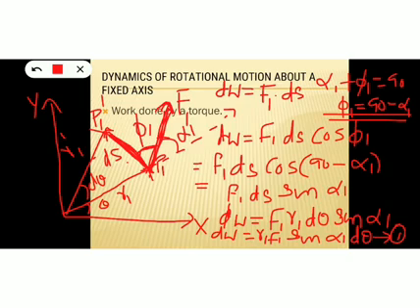Let this be our expression for work done. You must remember this expression. Now I am going to rub all these concepts, and in the next session we are going to write the expression for torque. So we need this expression dW equals r1 f1 sine alpha 1 d theta for the coming sessions.